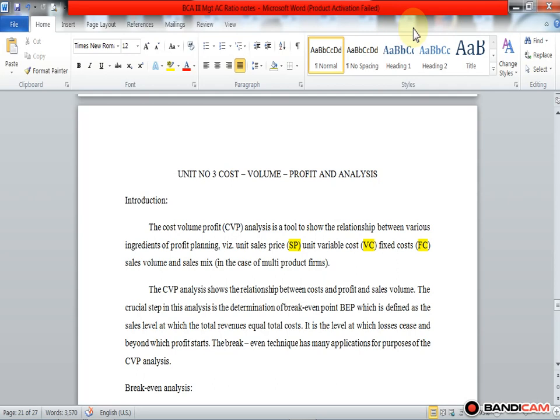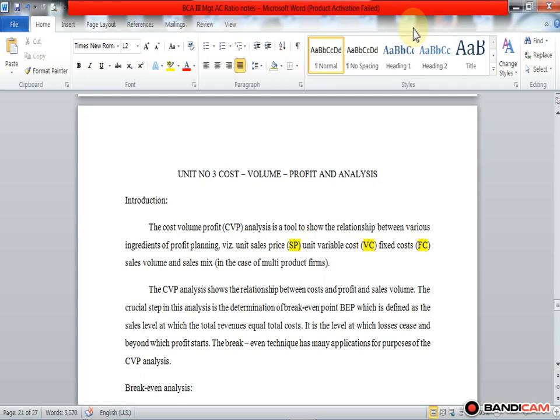When revenue is equal to cost, it is known as the break-even point, or break-even situation. It is the level at which losses cease and beyond this point the earning of profit starts.